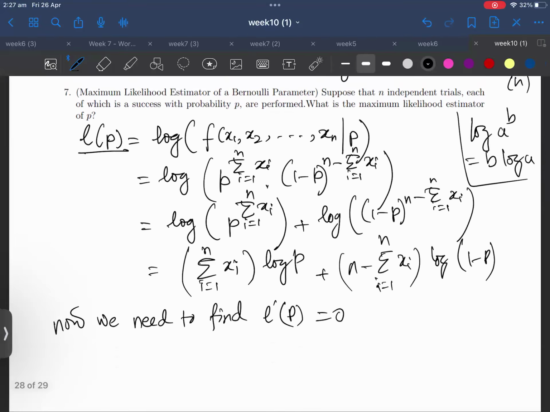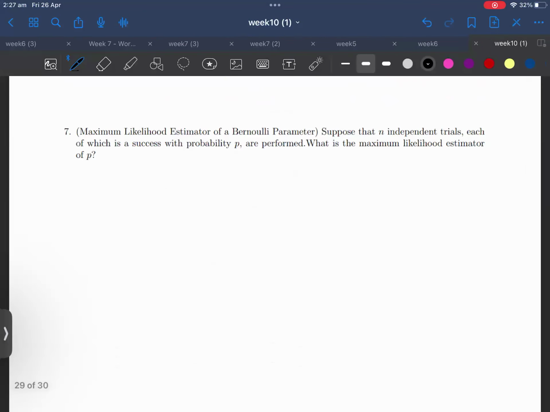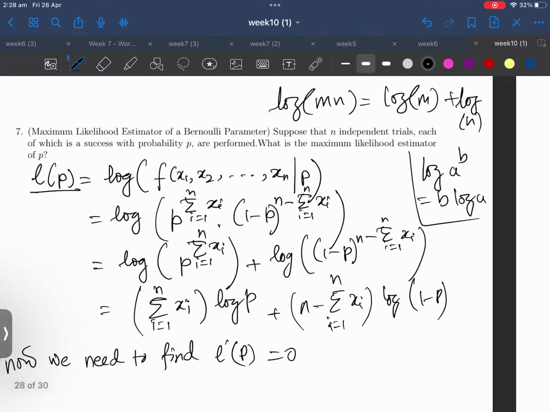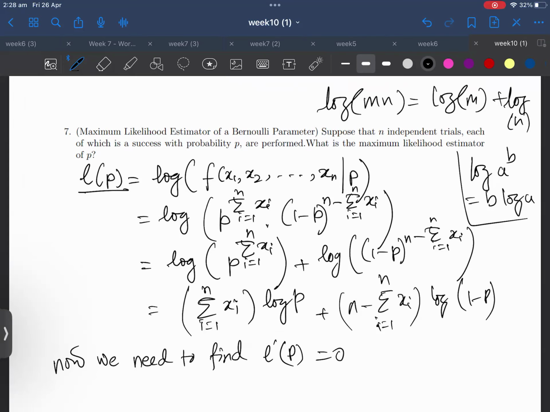So that means we need to take the derivative of L with respect to p. So if you take the derivative with respect to p, I'm going here, dL over dp. Look at that: summation of xi times 1 over p, plus n minus summation of xi times minus 1 over 1 minus p. If you take the derivative of log x, dy dx will give you 1 over x.